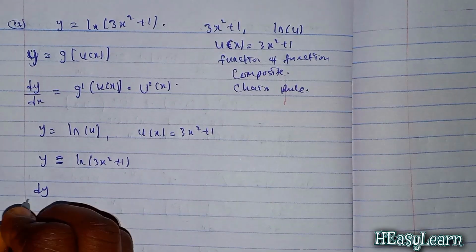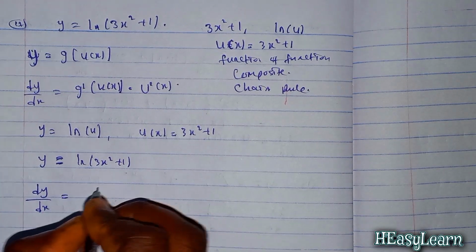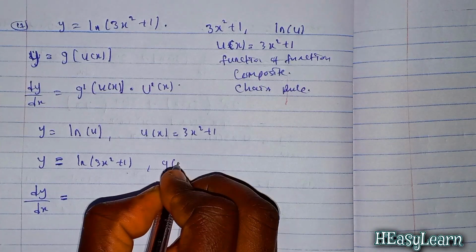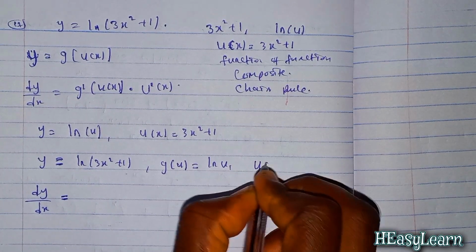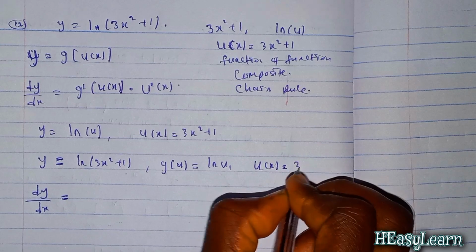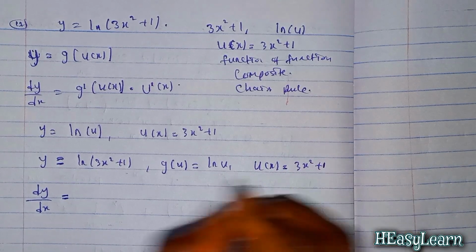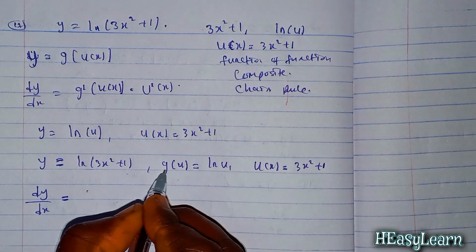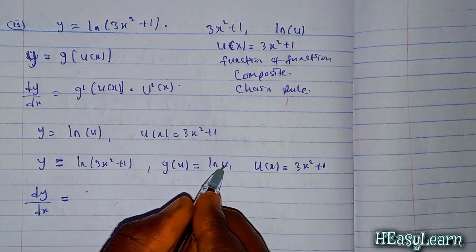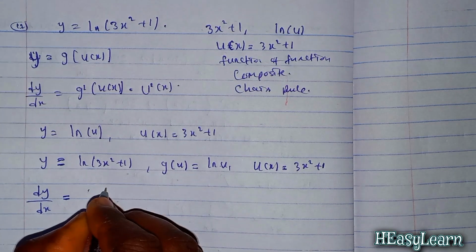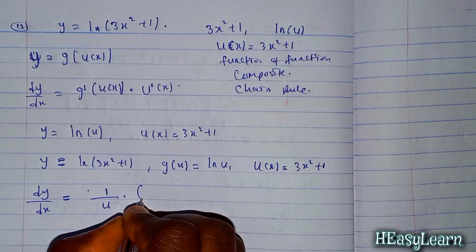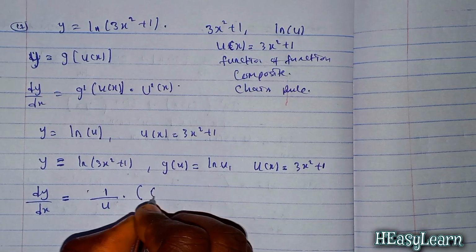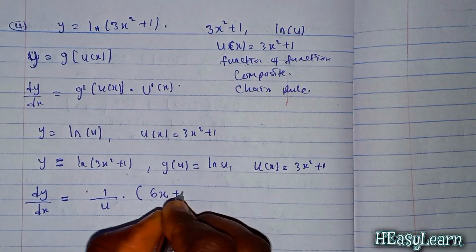The derivative of this function, with g of u equal to ln u, is 1 over u multiplied by the derivative of u. The derivative of u is 6x plus 0.